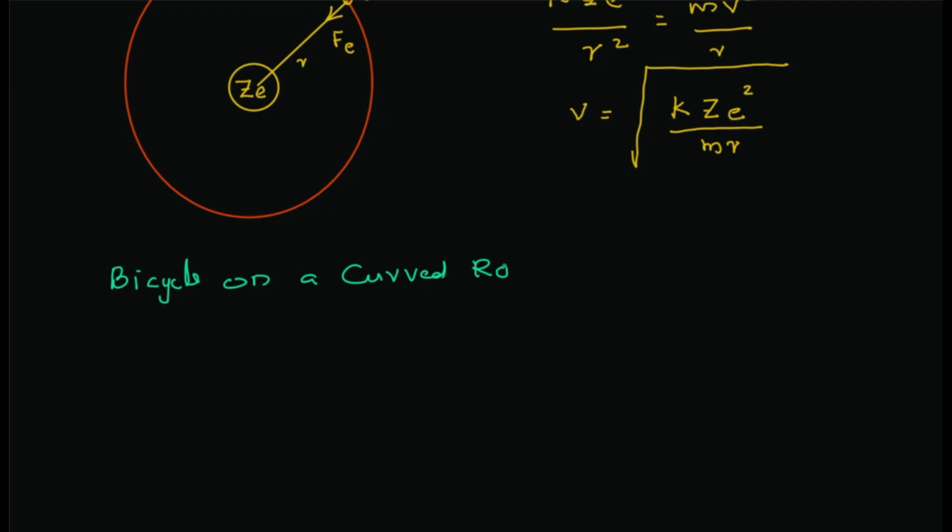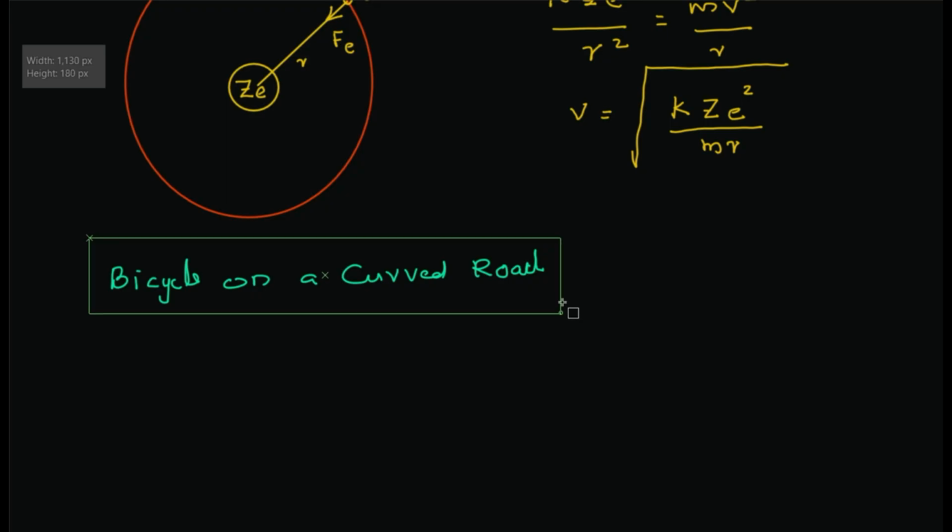you have to tilt the bicycle towards the center of curvature of the turn. So let's see how the relationships come out in this case. I just draw a descriptive diagram here, just a functional one. Take a look here.